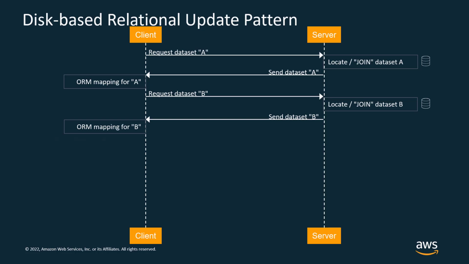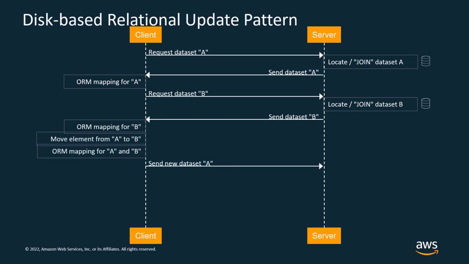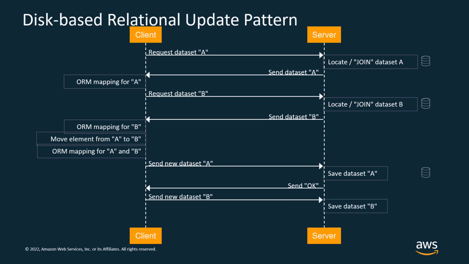So we generate a SQL statement and send it to the database. The database then processes the statement and finds the data on the disk, possibly across several tables, and prepares it to be sent back to the client. Then the client may have to do some type of object relational mapping process and prepare the object.